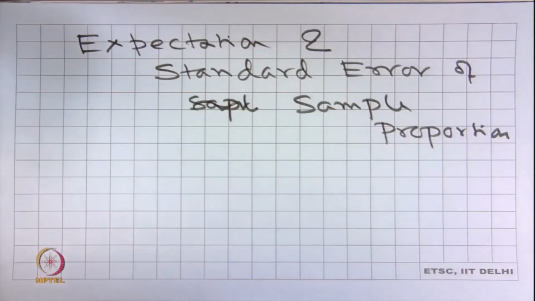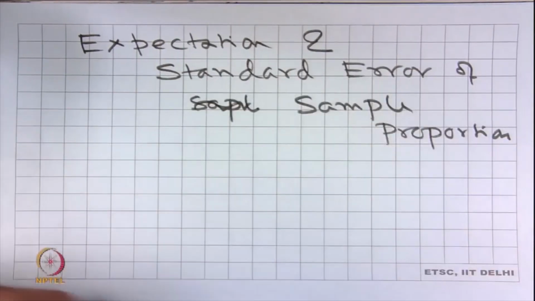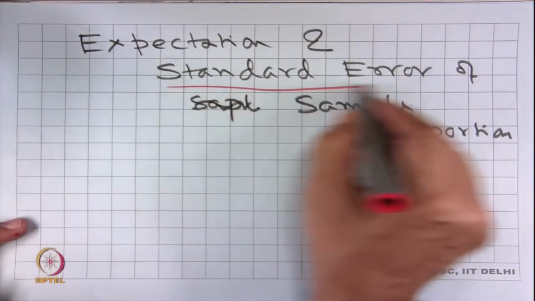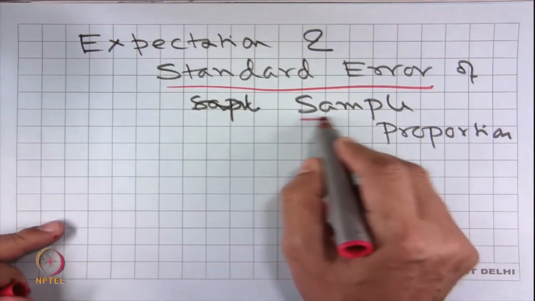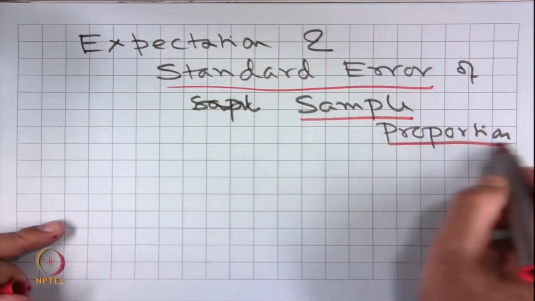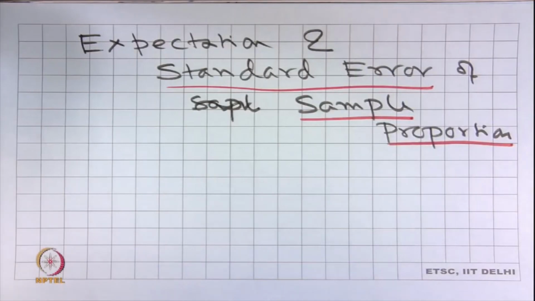Now, I introduced a new term, standard error. Standard error is nothing but the standard deviation of a statistic. Okay. So, in this problem, I am focusing on sample proportion.